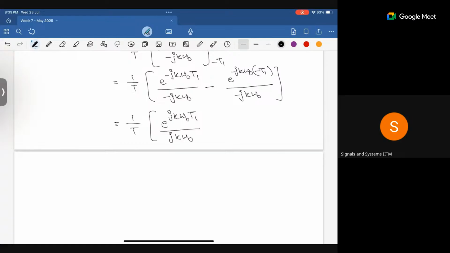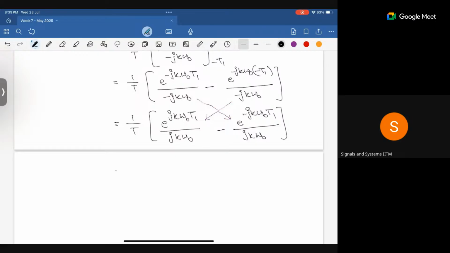So I'll just do a marking. I have written this term here and I'm going to write this term here. Then minus, since there is minus in the denominator, minus e power minus j k omega naught T1 divided by j k omega naught.